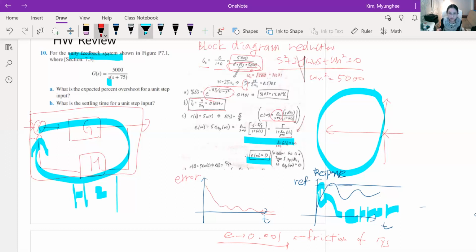If there's an integrator, then it will accumulate the error as time goes. And even if the error becomes very small, the sum of the errors will still be a little bit large. Therefore, it has some force or momentum to drive the error to 0.